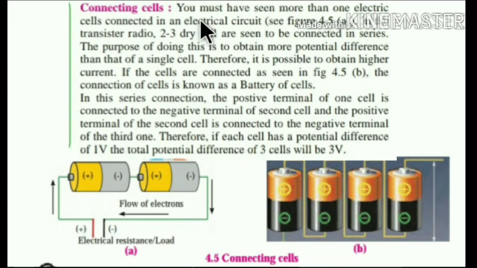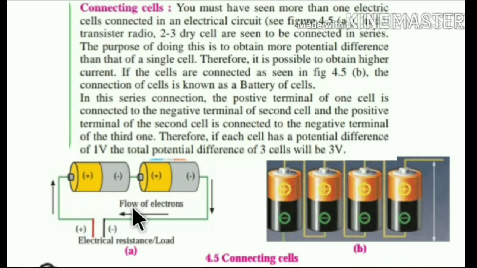You must have seen more than one electric cell connected in an electrical circuit. That is in the figure 4.5a, in a transistor radio, 2 to 3 dry cells are seen to be connected in series.